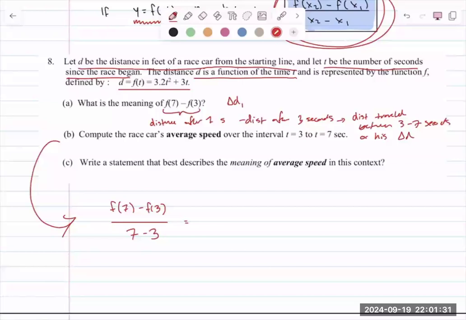And so when we subtracted those two, I got 140 feet. Divided by our change in time, there are 4 seconds between those two intervals. So between 7 and 3, 7 minus 3 is 4. We calculate that out. We get that his average speed was 35 feet per second.